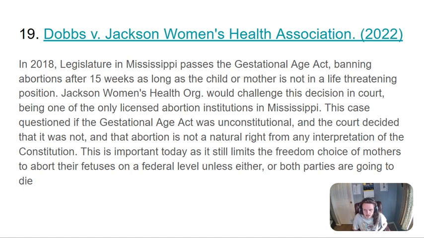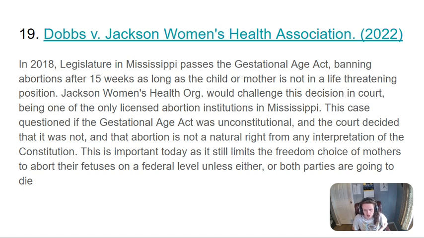So, in 2018, the legislature in Mississippi passes the Gestational Age Act, banning abortions after 15 weeks as long as the child or mother is not in a life-threatening position. The Jackson Women's Health Organization would challenge this decision in court, being one of the only licensed abortion institutions in Mississippi.